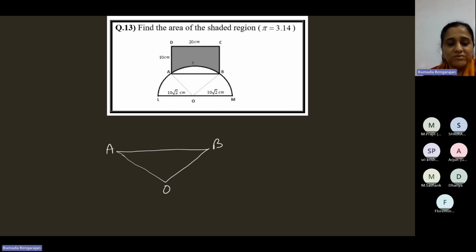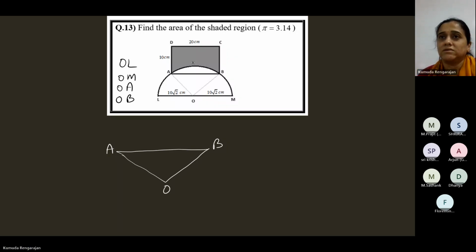So for that semicircle, I'm just showing you this triangle AOB. Let's write out all the radii we see: OL, OM, OA, OB, all the line segments emerging from the center to the circumference. OX also, it's not drawn, but OX is also a radius. They haven't given that angle O is 90 degrees.